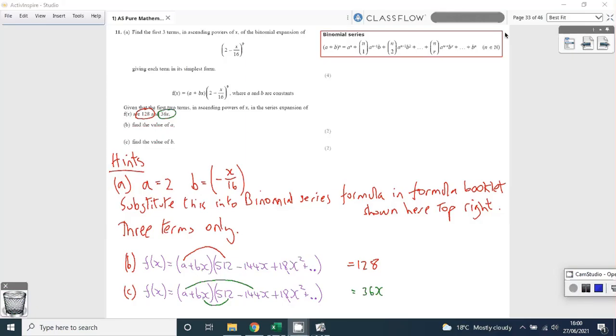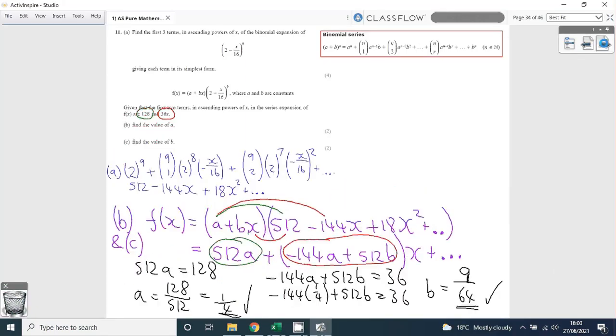And the solution for number 11. So we're substituting in a being 2, b being minus x over 16, and n being 9. So it's 2 to the power of 9, 9 choose 1, 2 to the power of 8 times the minus x over 16, then 9 choose 2, 2 to the power of 7, multiplied by minus x over 16 all squared.